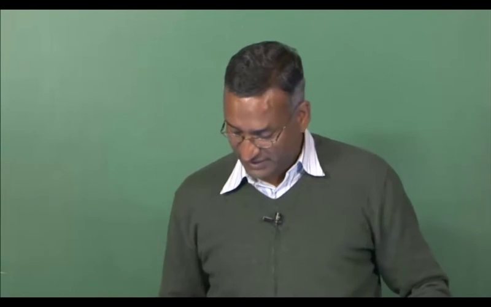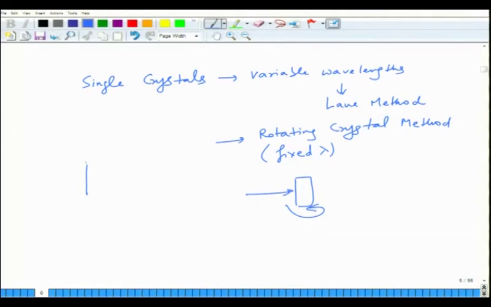See, the problem with single crystals is that if I have a single crystal specimen, let us say this is my incoming beam, and there are only very few planes which may be appropriately oriented with respect to the incoming beam, especially if your sample orientation is fixed.